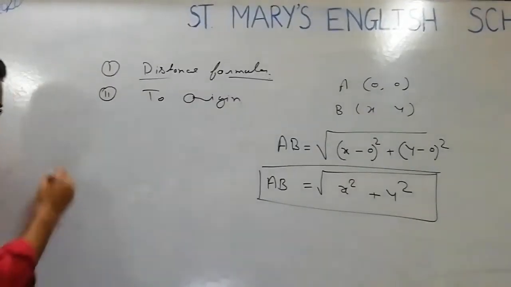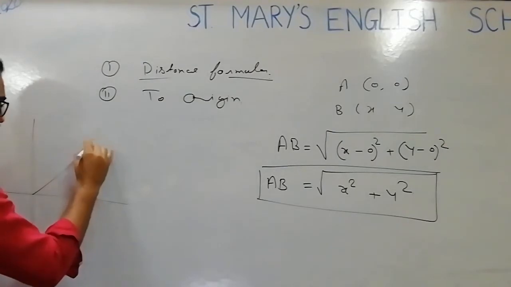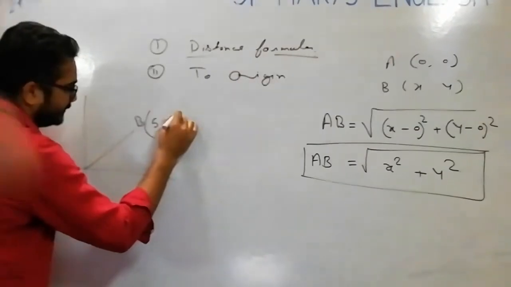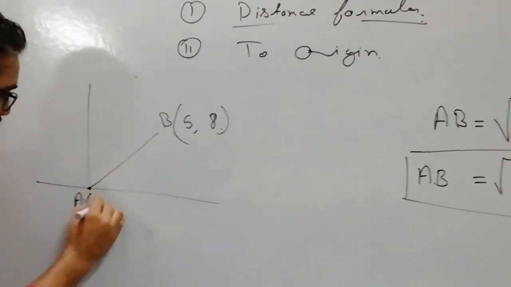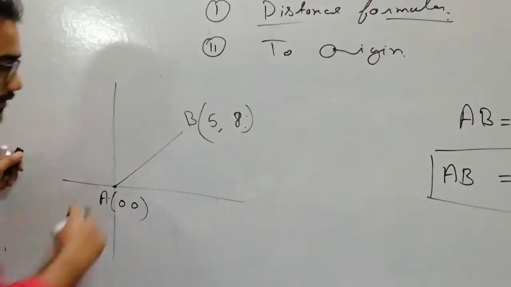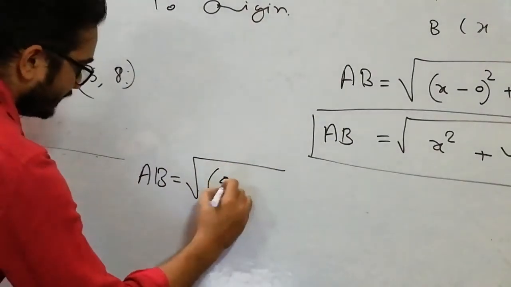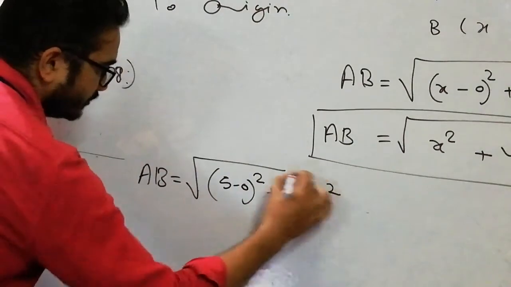Suppose we have a point B, and suppose this is (5, 8). And this point is our A point, so that will be (0, 0). Let us find this. So AB is equal to the square root of (5 minus 0) square plus (8 minus 0) square.